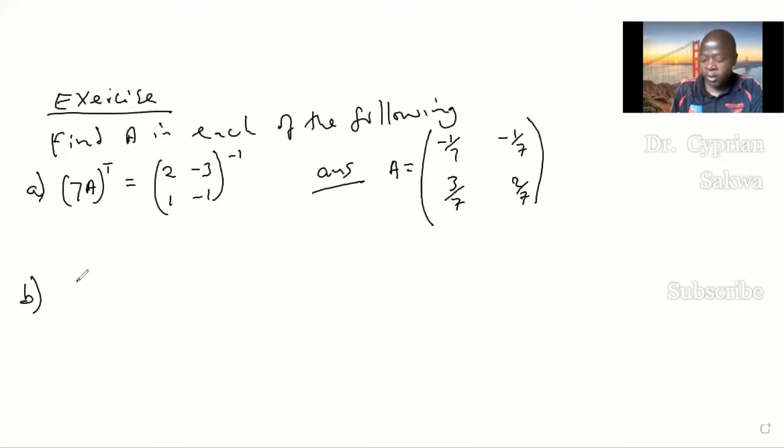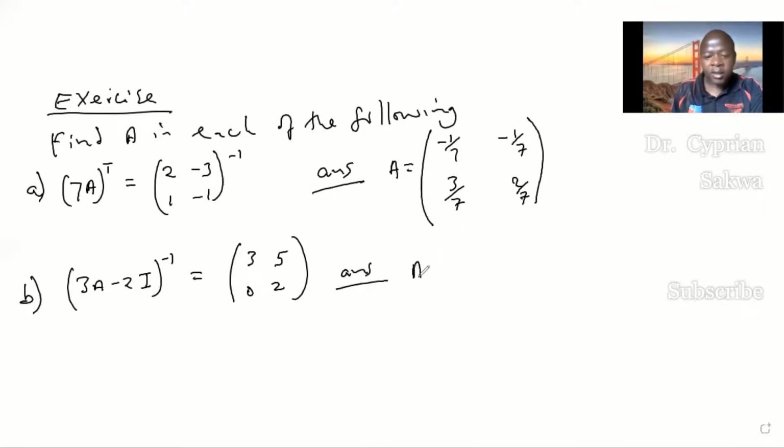The other question is: 3A minus 2I, the inverse of this is the same as 3, 5, 0, 2. So find A. My answer is that A is the same as 7 out of 9, negative 5 out of 18, 0, 5 out of 6.